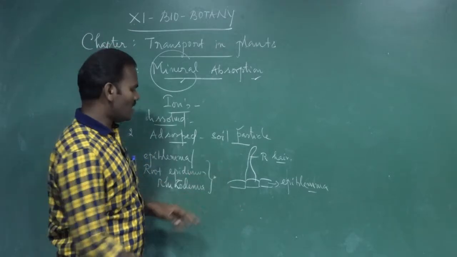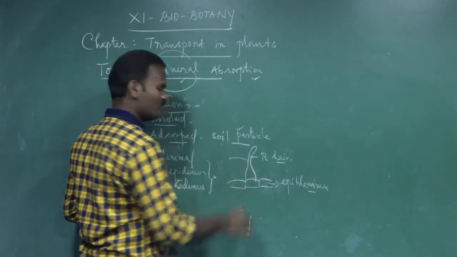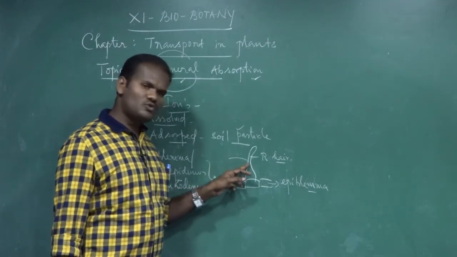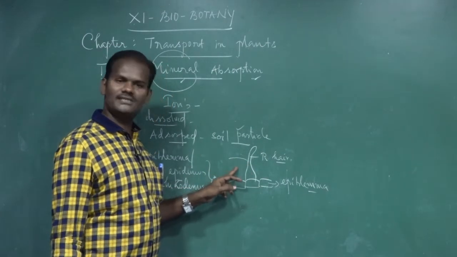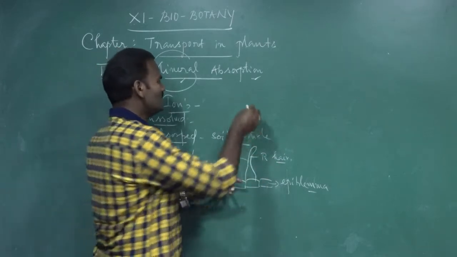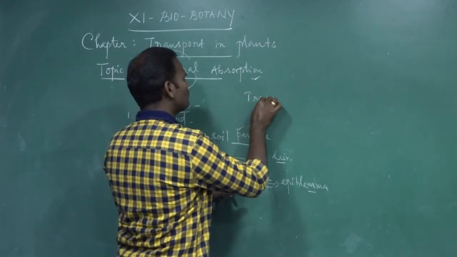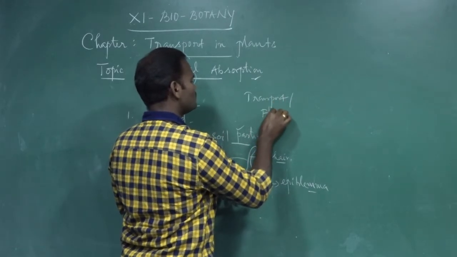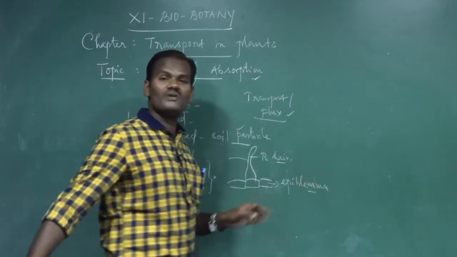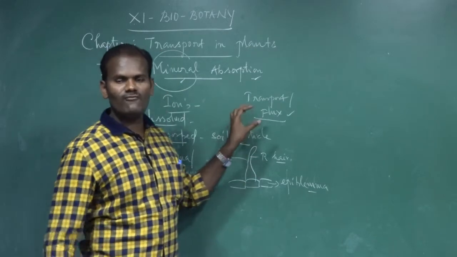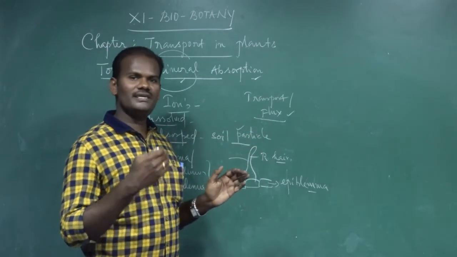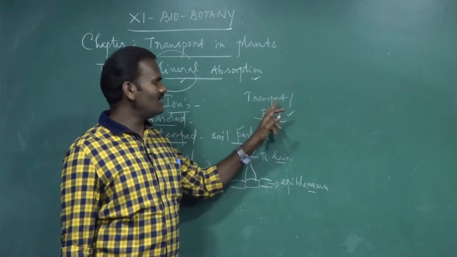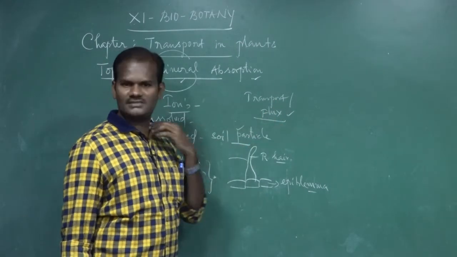The process of movement of ions into the cell or exit from the cells is called transport, also called flux. What do you mean by flux? The process of movement of mineral ions into and out of the cells is called transport, also called flux.